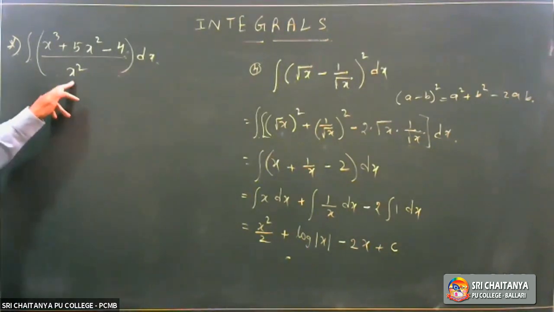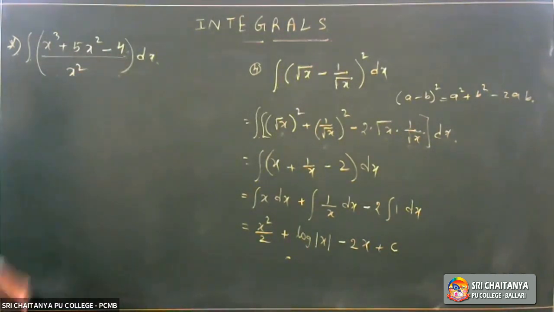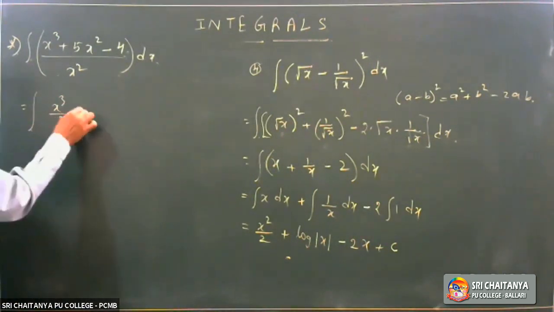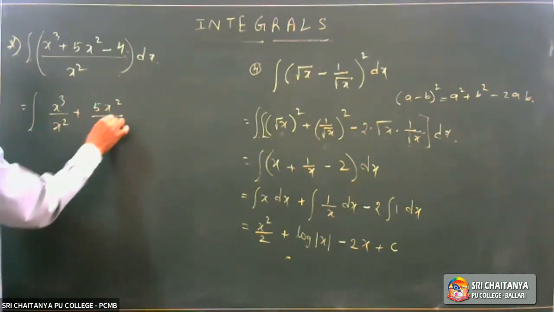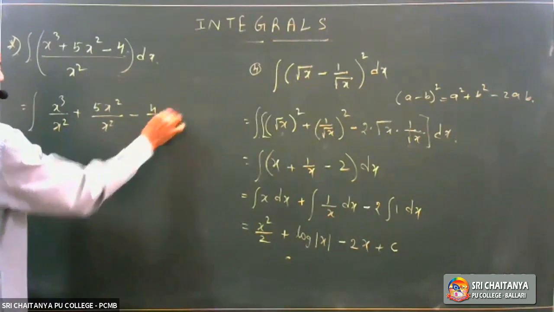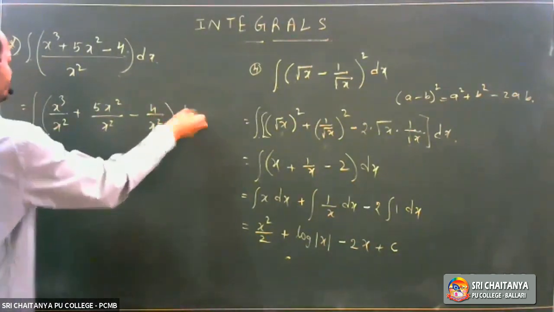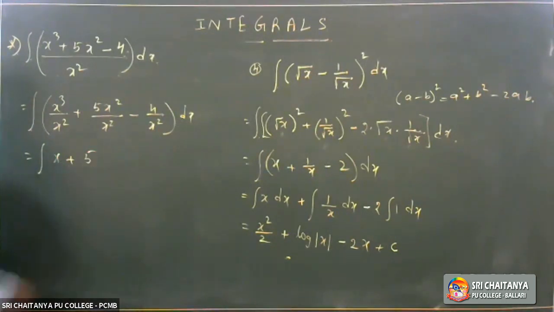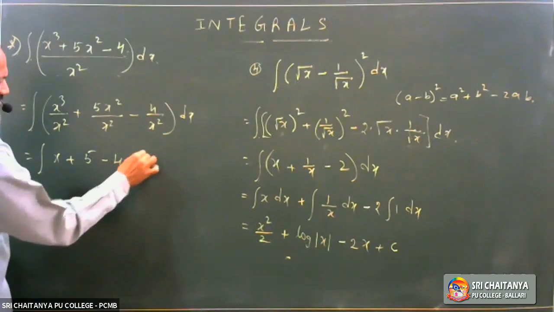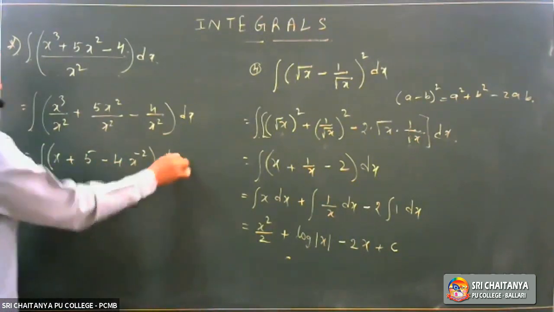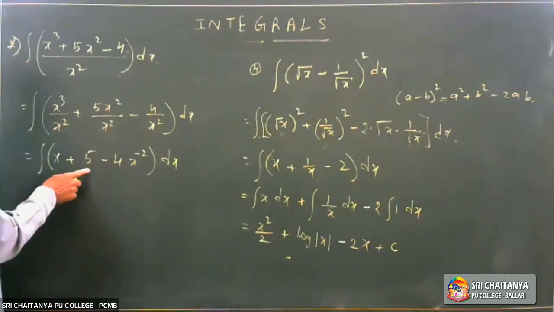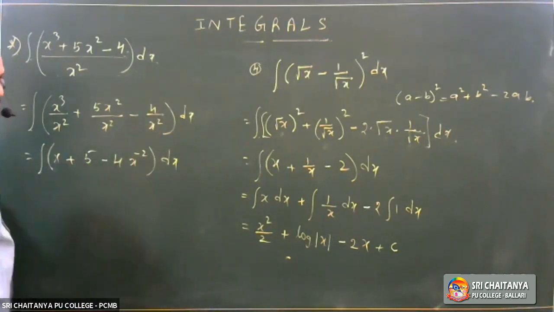That means x square is divisible into each and every term: x cube by x square, 5x square by x square, 4 divided by x square, whole dx. Integral of x plus 5 minus 4x power minus 2 dx. X cube by x square is x, 5x square by x square is 5, 1 by x square means x power minus 2.